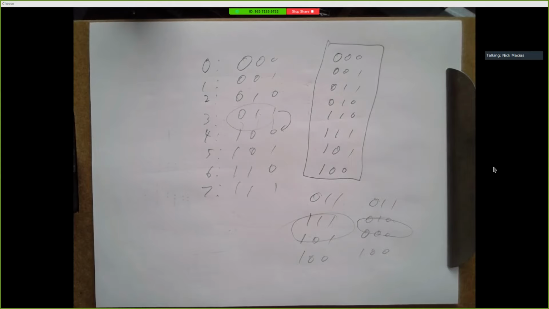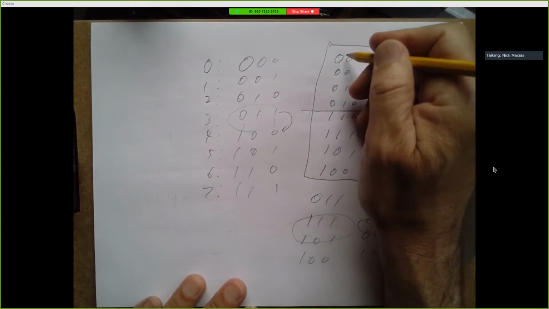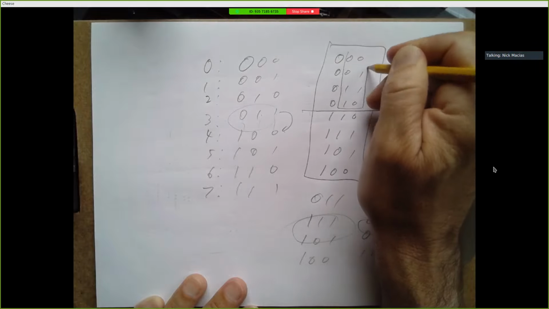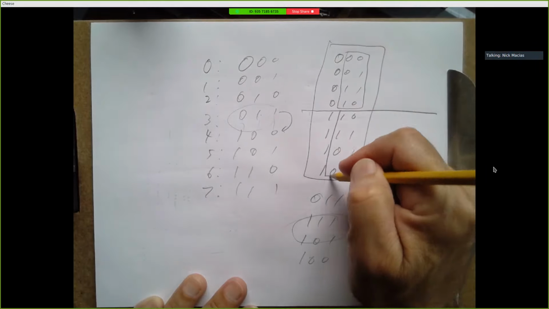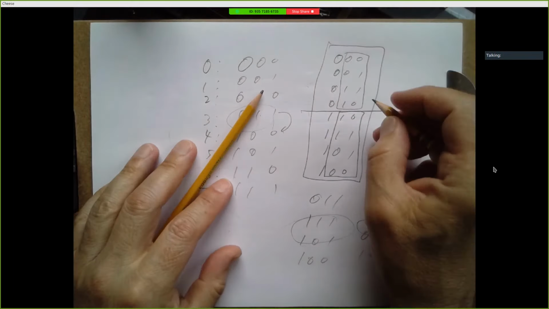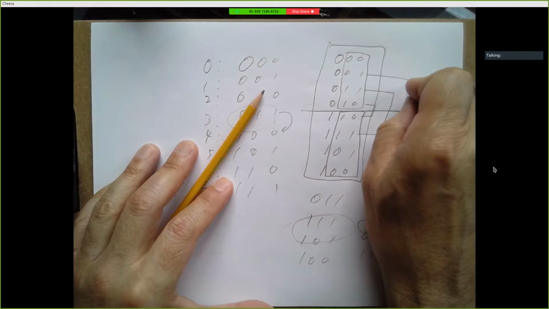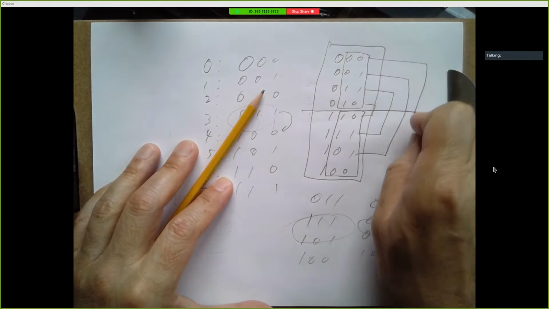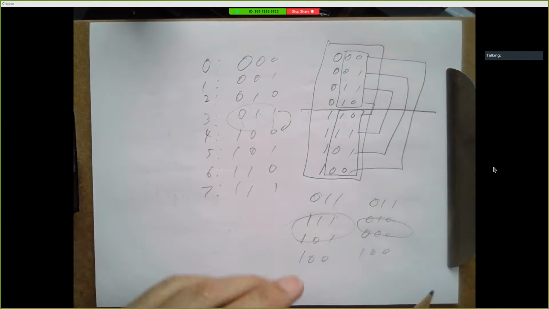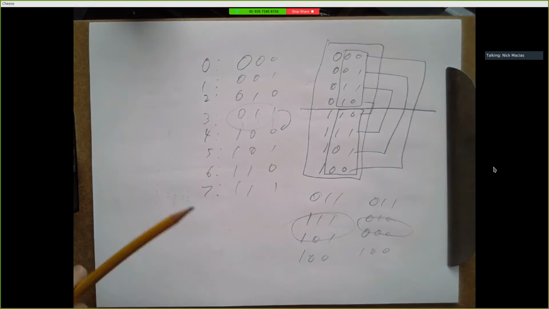And this is called a reflective gray code because if you look at these 2 least significant bits, they are mirror images of each other. 0, 0, 0, 1, 1, 1, 1, 0.